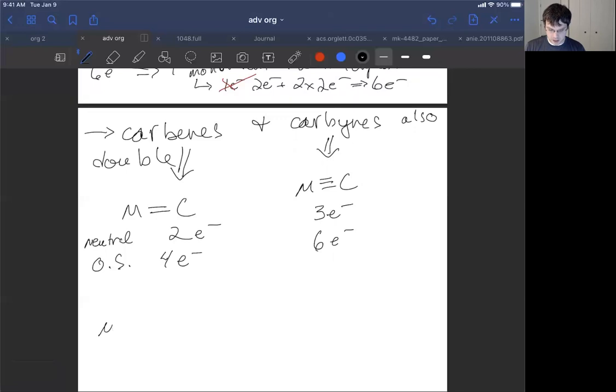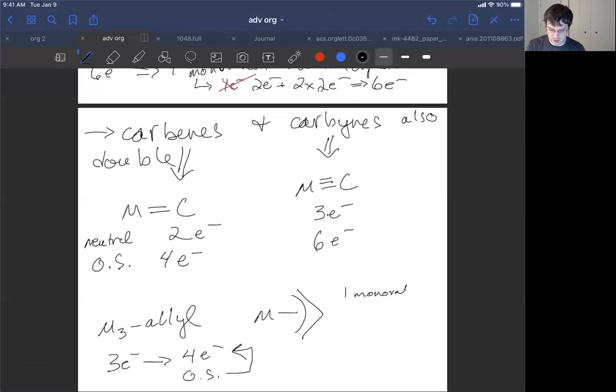So if we look at eta-3 allyl, where the metal is adducted this way, that goes from 3 electrons to 4 electrons in the oxidation state method. And the reason why is because this is 1 monovalent plus 1 pi complex.